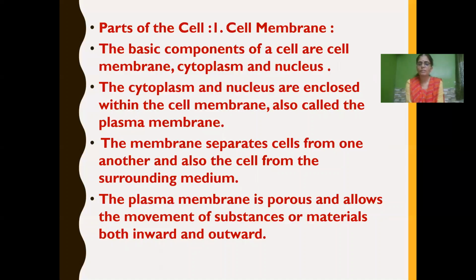The second function is that the plasma membrane is porous, that means it has very fine pores. Because of that, it allows the movement of substances or materials both inward and outward. Some materials move from outside into the cell, and some materials move from the cell to outside.